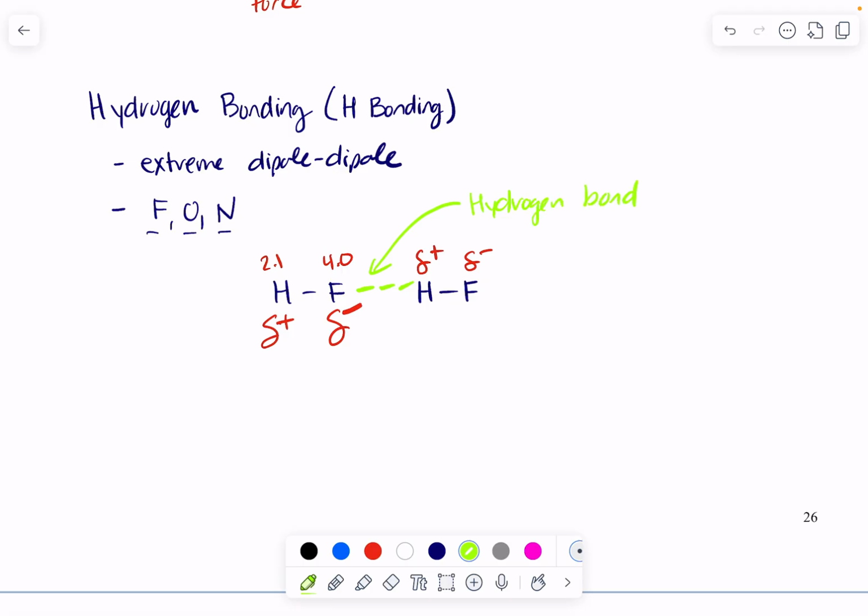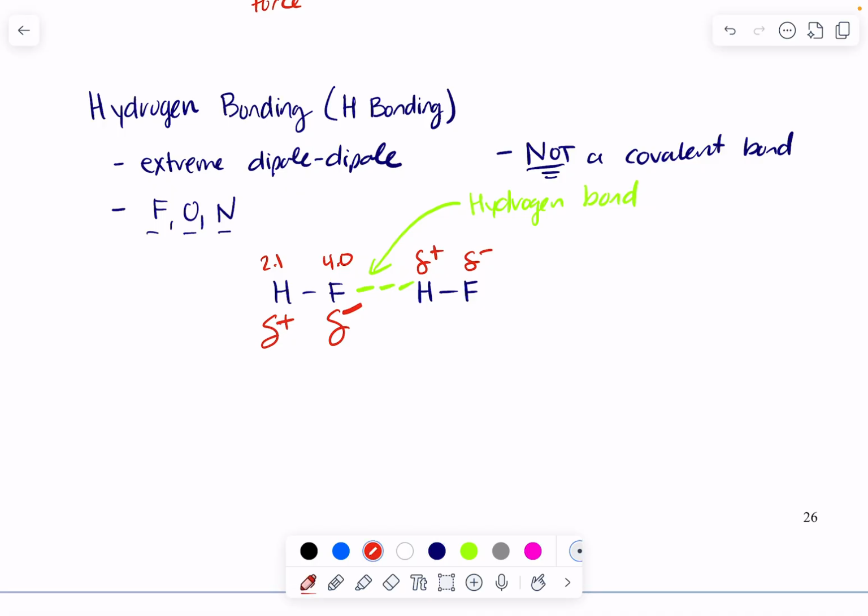Now, this name of hydrogen bond is a poor name because it is not a covalent bond. Instead, it's just a really, really strong extreme dipole-dipole attraction.